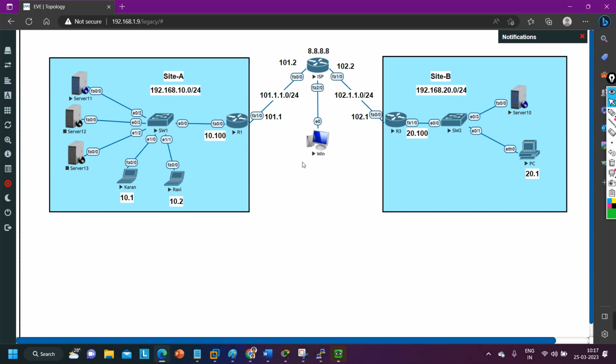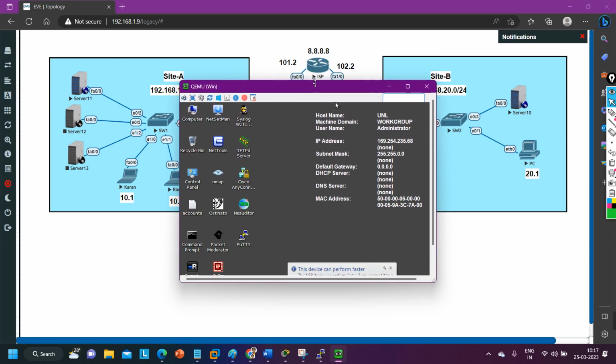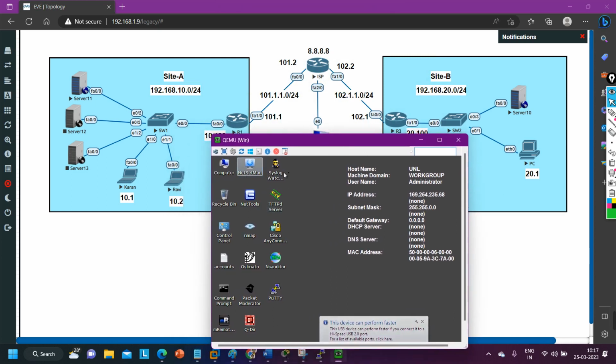Now guys, I have access to this PC. I think this PC is now working fine. Here I am going to define one IP address.